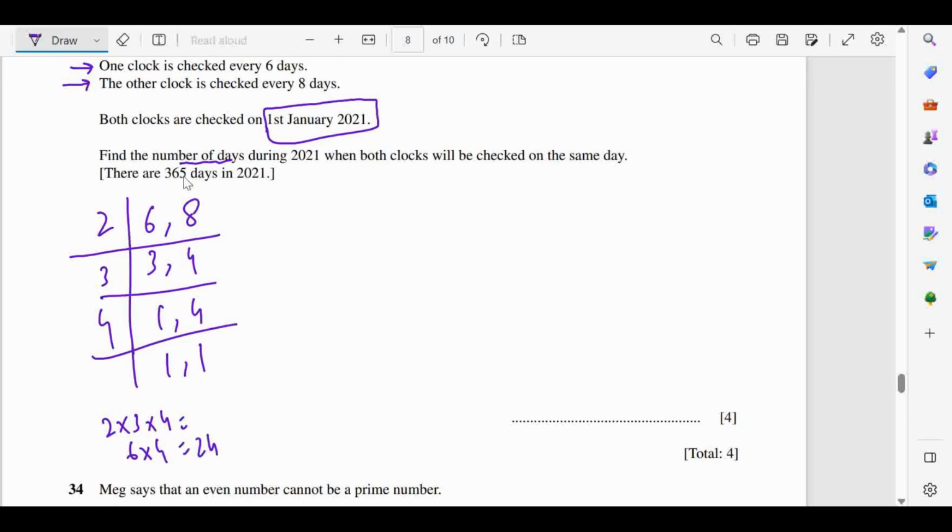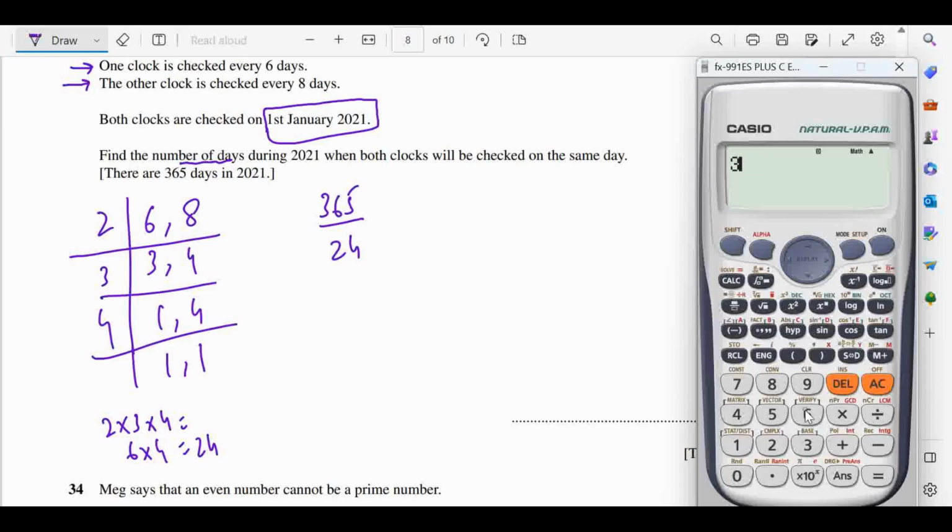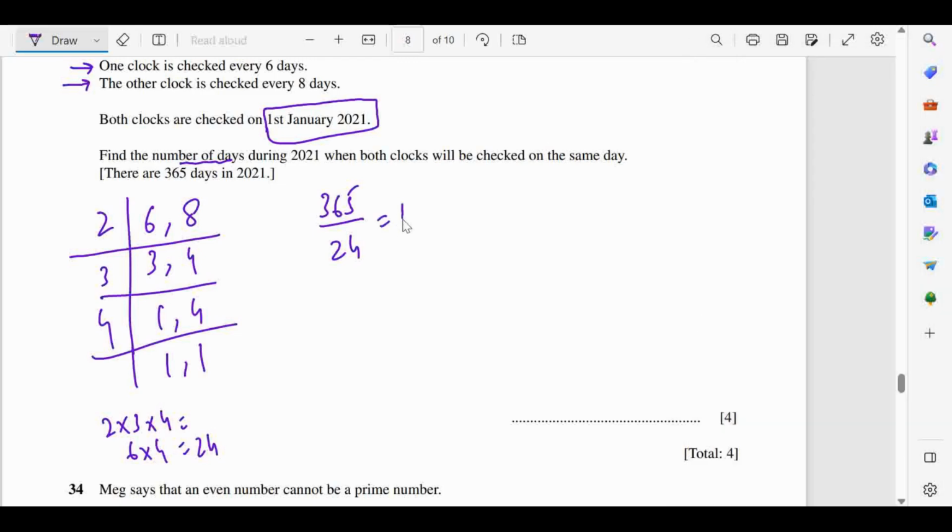So we have a total of 365 days. So 365 days divided by 24. This will be equal to 15.2. So if we round it off, approximately this will be equal to 15.